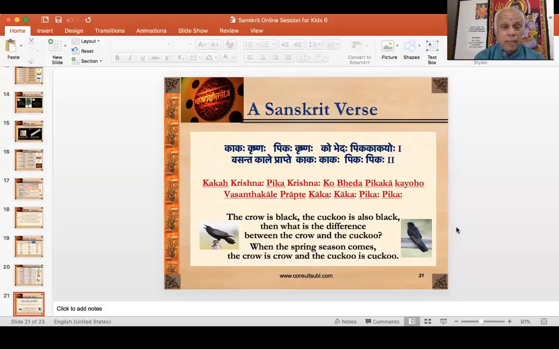Vasanta kale prapte. Vasanta means springtime. Vasantakale is springtime. Prapte, when the spring season comes. Kaka kakaha, the crow is a crow. Pikaha pikaha, the cuckoo is a cuckoo. You know what is the difference? When spring comes, the cuckoo starts singing. Because it's so happy, the cuckoo starts singing. We also feel happy when the spring comes, right?